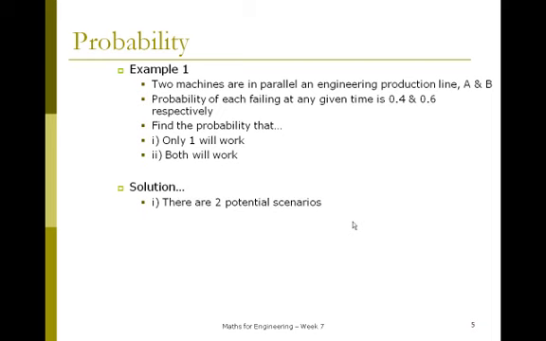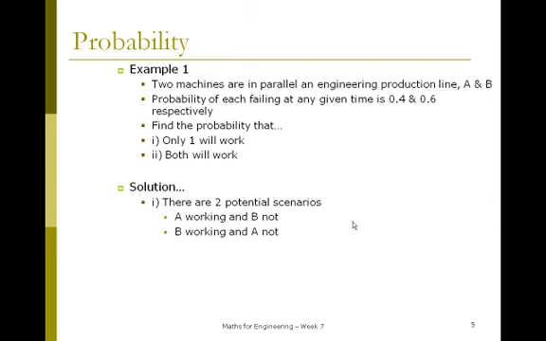Here's the solution. There are two potential scenarios. So with only one working, there's the case that A is working and B is not working, and there's also the case that B is working and A is not working.